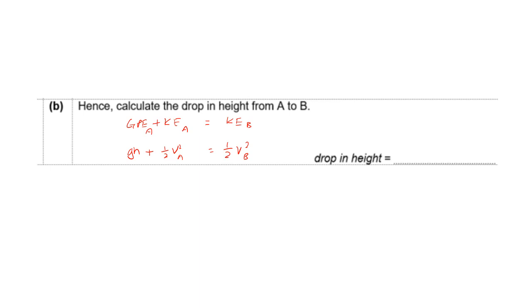So all we have left with this equation is 10h, which is what we are trying to find, plus half 3.3 squared equals half 1.2 squared. If you solve for this entire equation, you should be getting the height as 0.47 meters.